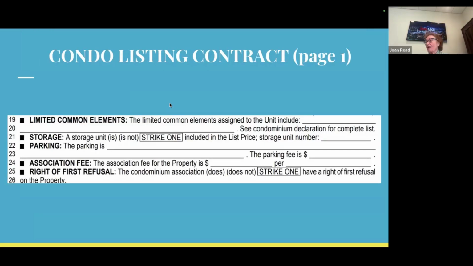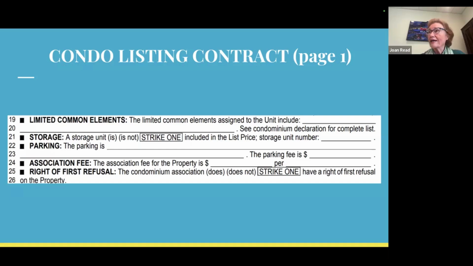This is on page 1. This is the section that is in the condo listing contract, but not in the offer to purchase listing contract. And it's regarding limited common elements. So as you know, a condominium is a unit in place, and the owner owns everything within the walls.